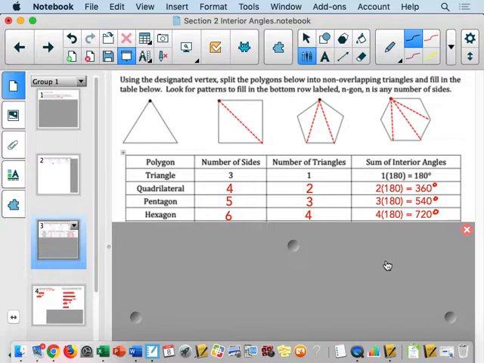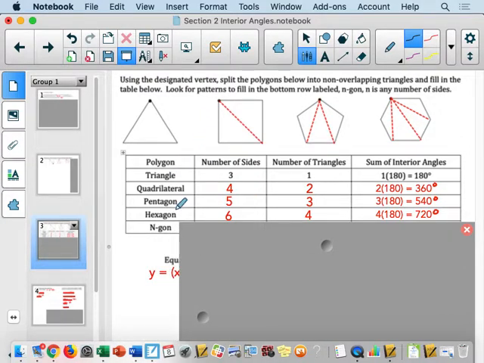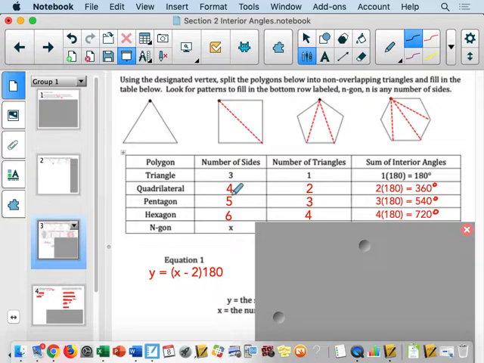When we were going through degree discovery, we were really just using the table and looking for correlations between x and y, writing that equation, which is fine. Now, let's think about this. For my last row here, I have any number of sides, so I would have an x.